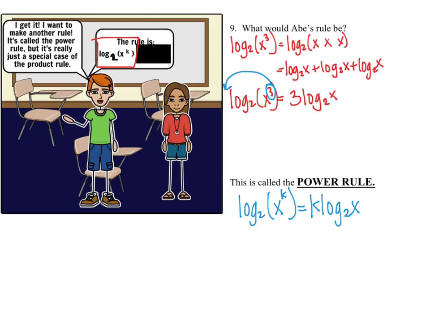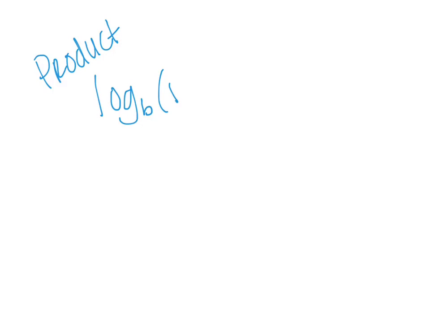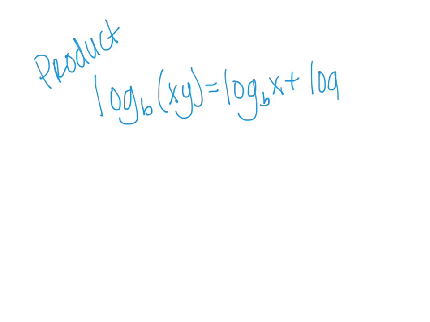So today we've come up with 3 different properties for logarithms. We had the product rule. I'm going to go ahead and rewrite this without base 2, so it'll be with any base. So I'm going to say log base b of x times y is the same thing as log base b of x plus log base b of y.